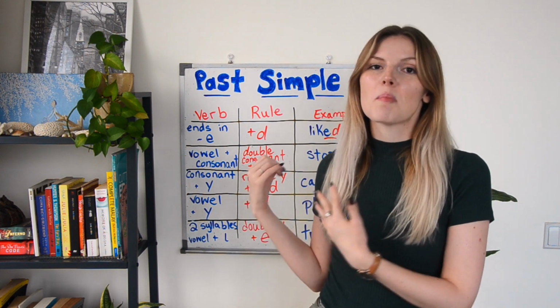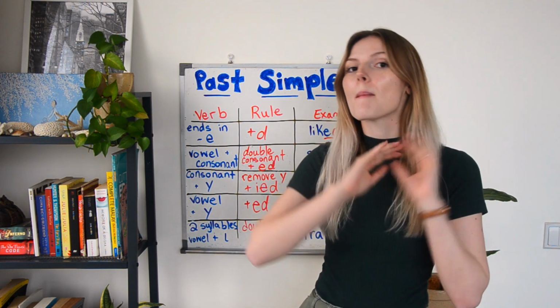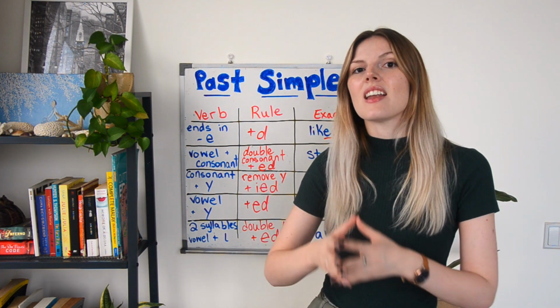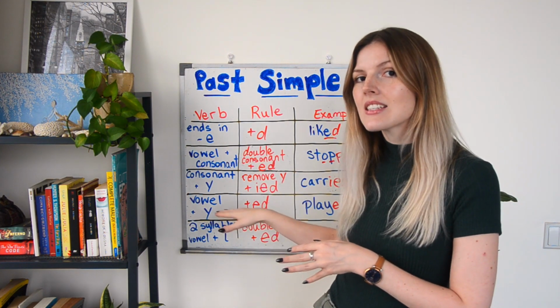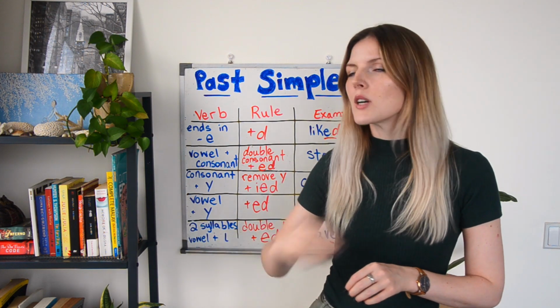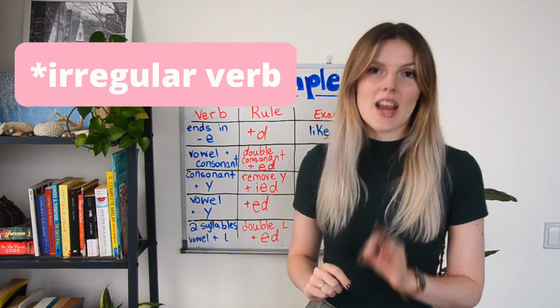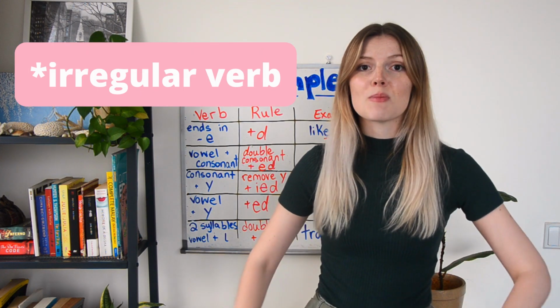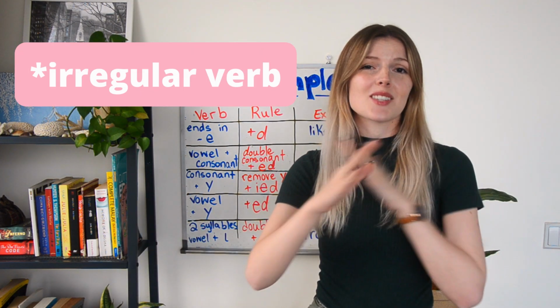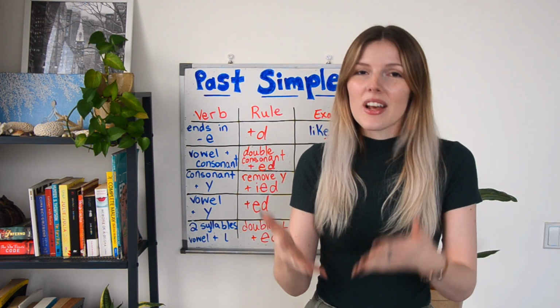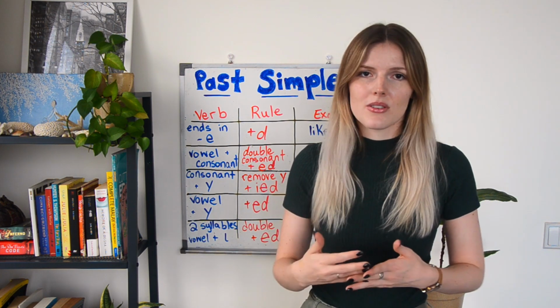That's why these are so important, because you can use them with multiple tenses. Now, remember that if it's not one of these, you're either dealing with a regular verb that just ends in ed, or it might be an irregular verb. Irregular verbs have no rules. That's what makes them so difficult. So unfortunately, you will have to try to remember those on your own.